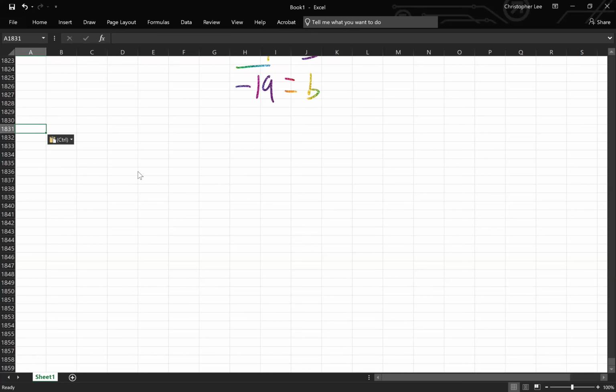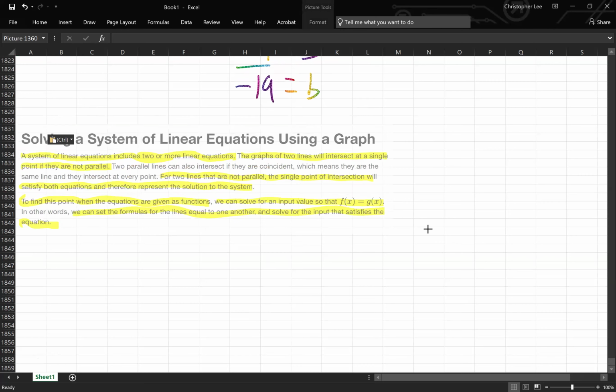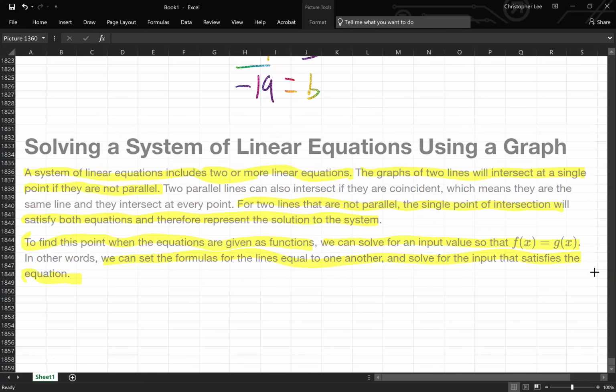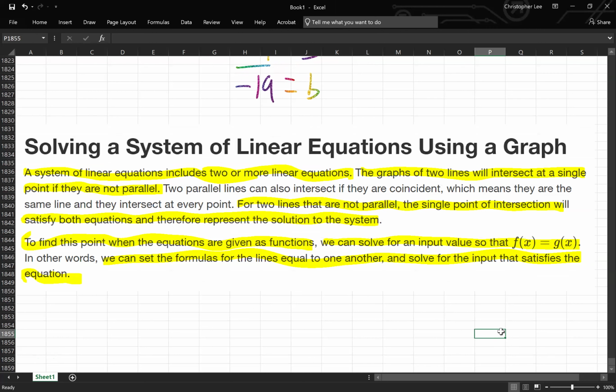Let's talk about something interesting now. We're going to talk about solving a system of linear equations using a graph. So a system of linear equations includes two or more linear equations. The graphs of two lines will intersect at a single point if they are not parallel, right? Two parallel lines can also intersect if they are coincident, right?